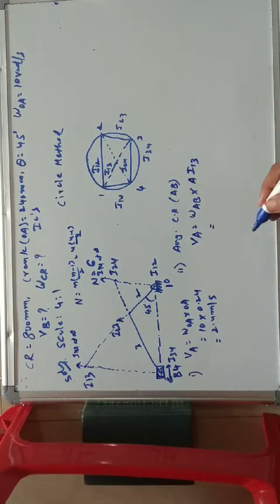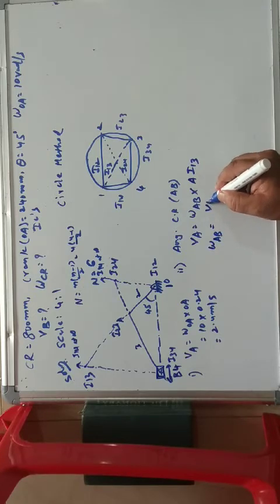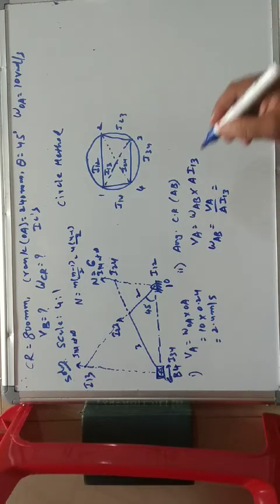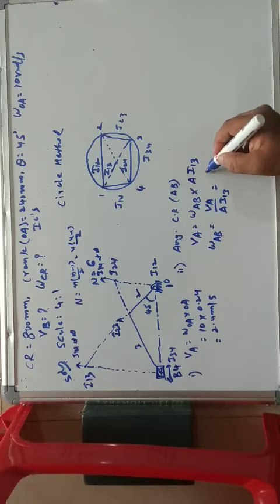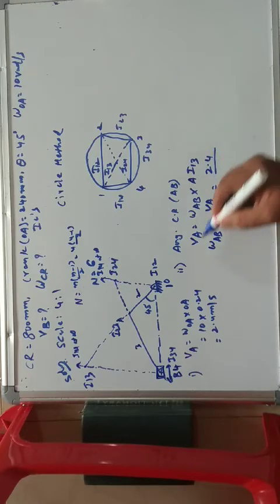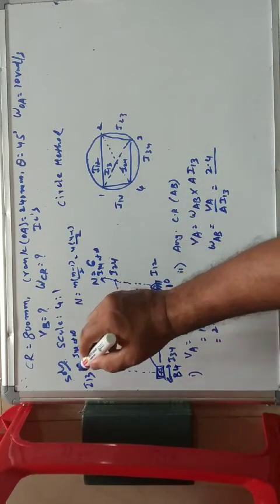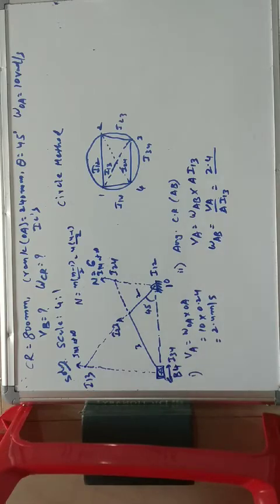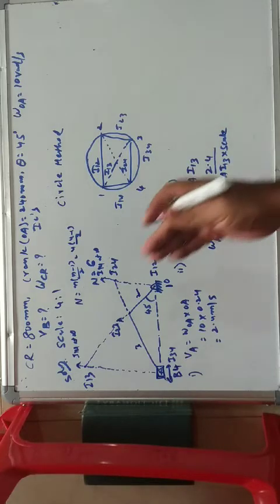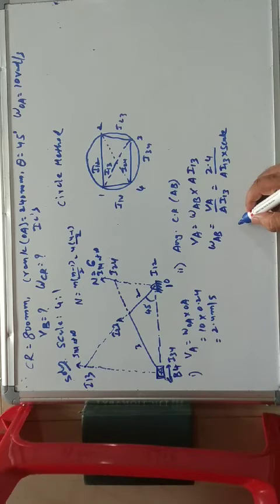So omega AB, which we are supposed to find, is equal to VA divided by AI13. VA we have already found as 2.4 meters per second. For AI13, we have considered the scale as 4:1, so AI13 into scale is needed, because when you have taken the reduced scale, you have to multiply by 4.